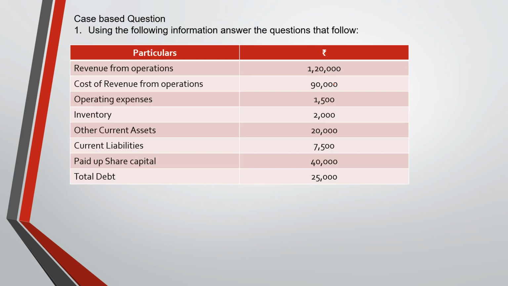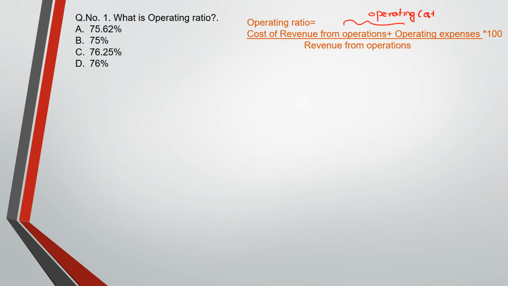Now looking at this question, here we have the cost of revenue from operation, operating expenses, and revenue from operations available. So cost of revenue from operation 90,000, operating expenses 1,500 and revenue from operation 1,20,000 into 100.